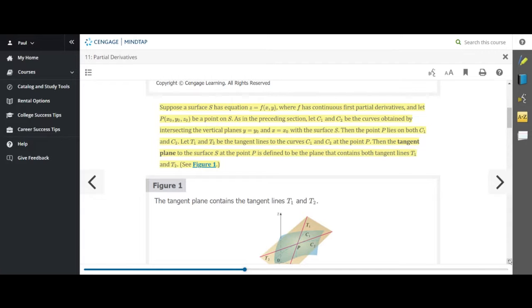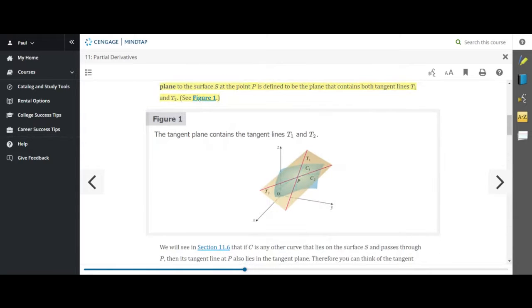You see what they have here in figure 1: two curves, C1 and C2. C1 is the intersection of the surface with the plane y equals y sub 0. And C2 is the intersection of the surface with the plane x equals x sub 0.